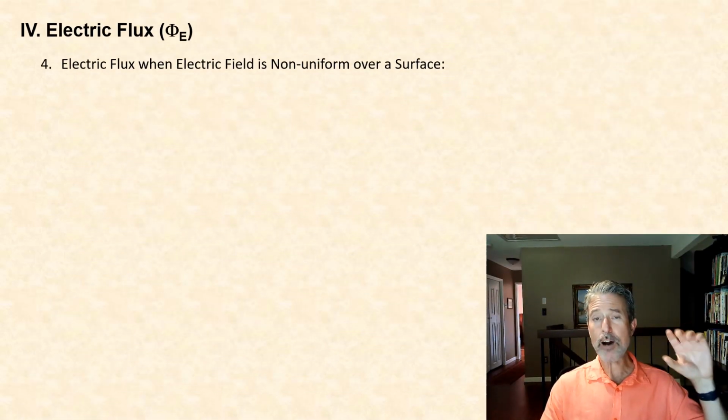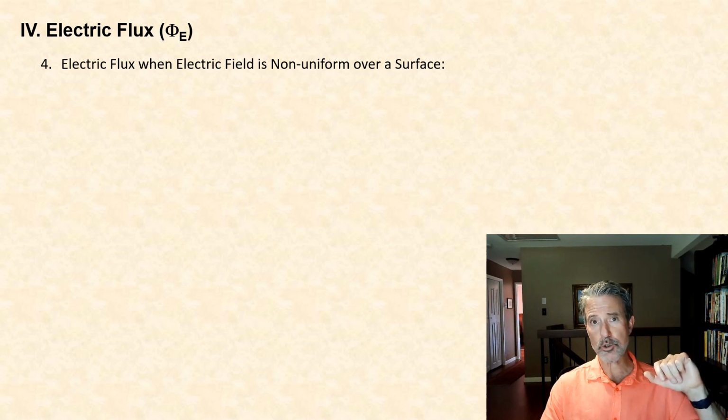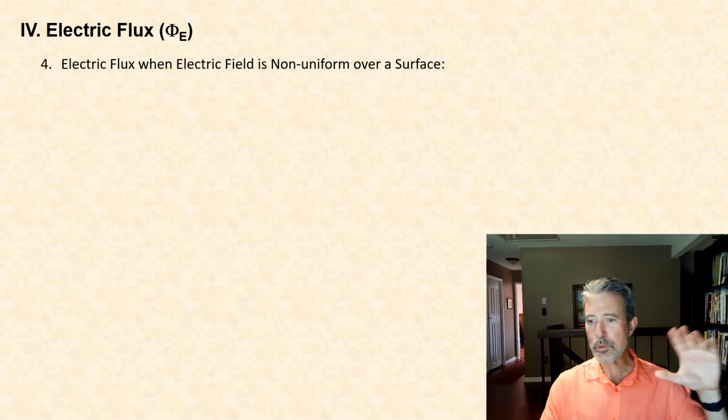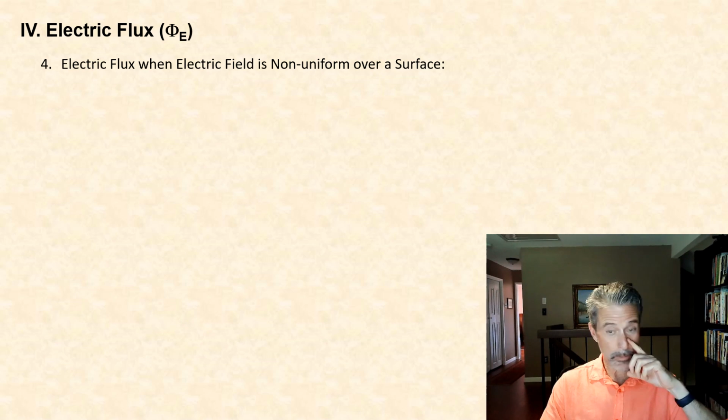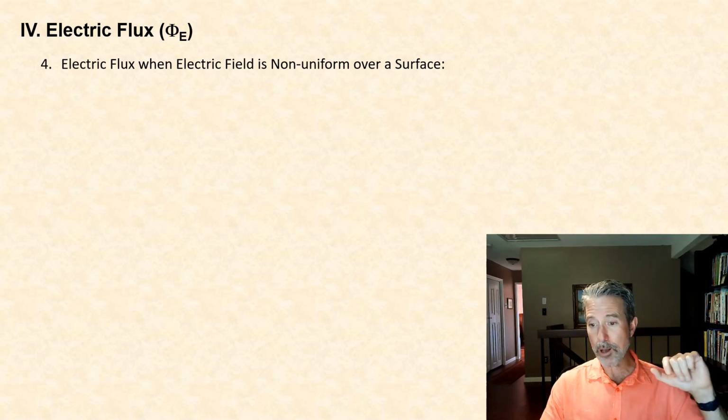So we just looked at how to quantitatively calculate the flux of the electric field through a surface when the field was uniform over that surface, or at least piecewise uniform over the surface, as was the case in the previous problem we looked at with the flux of a uniform electric field through a cube. Recall that while the field was constant in magnitude, the field was not constant in direction over each face of that cube, in which case that could have created a problem for us.